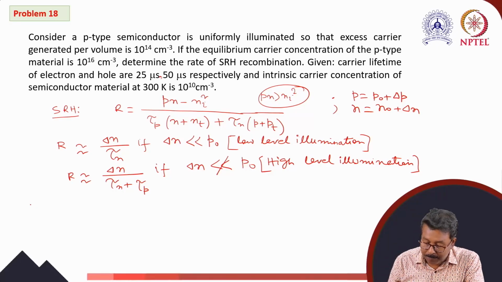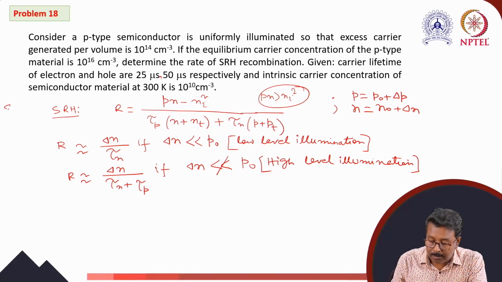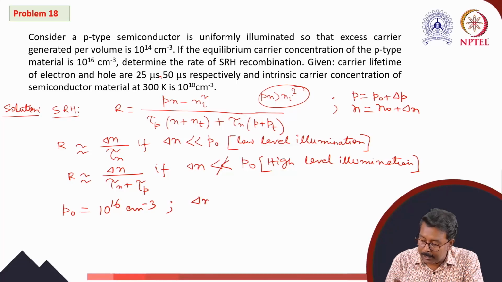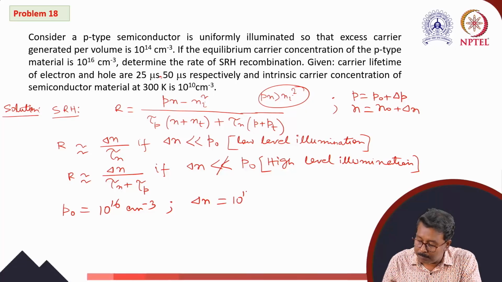So this is the solution. P0 is equal to 10 to the power 16 per centimeter cube. Delta N is equal to 10 to the power 14 per centimeter cube.